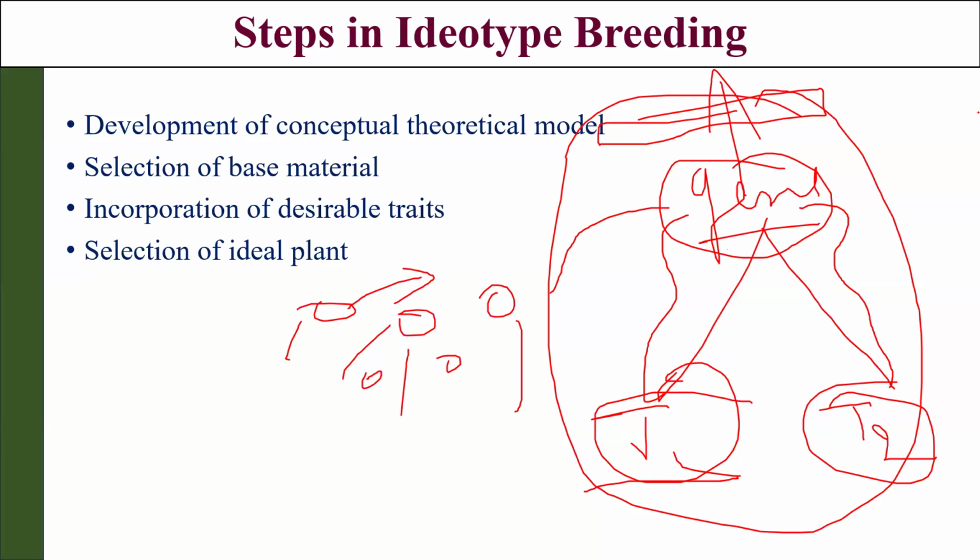Once it is identified, you can use any method. Either you can use RNA interference, activation tagging, or overexpression, whatever it may be. Any tools you can use: CRISPR-Cas, base editing, prime editing, whatever can be used. But identifying this is a very, very difficult task because you should study the entire pathway of the particular gene at transcriptome level and metabolomic level.